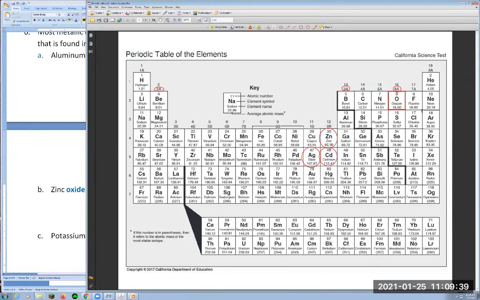Zinc is always 2+, silver is always +1, and cadmium is always 2+. So those 3 are exceptions among the transition metals. They are always making one kind of ion, so there will not be type 2 compounds, but instead type 1 ionic compounds, right?